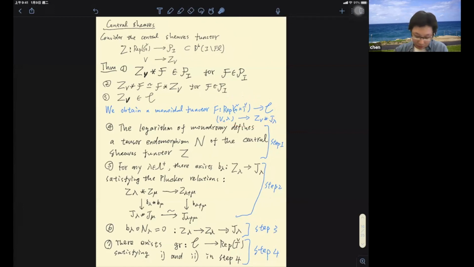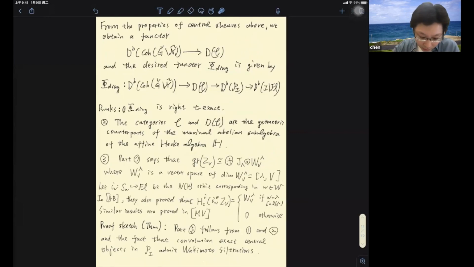So we construct all the required assumptions. Therefore, by the property of central shift and Akimoto shift, we obtain a functor from the equivariant derived category to this category DC, the homotopy category of C modulo cyclic complexes. So we just apply the previous general construction to our setting, and those properties of central shift allow us to upgrade the functor to the equivariant derived category.